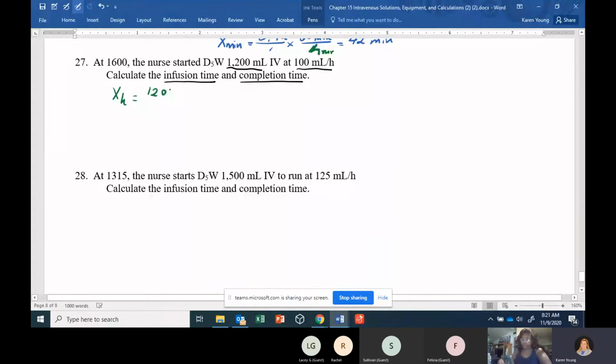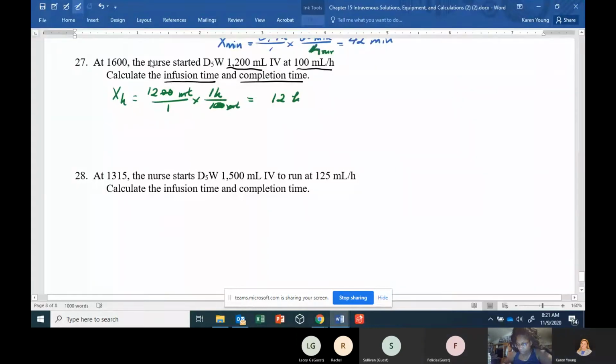I got 1200 milliliters times my rate, which is 1 hour over 100 milliliters. So I can cancel my zeros. 12 times 1 gives me 12 hours. My milliliters cancel also. This one doesn't have a decimal, so there's no minutes. It's just 12 complete hours.